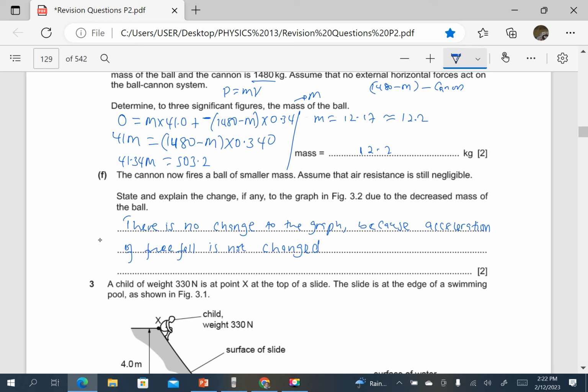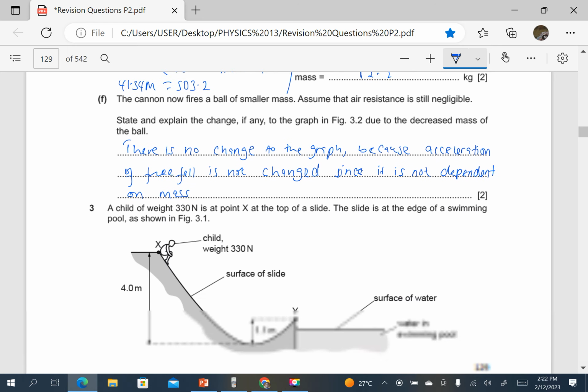Why is the acceleration of free fall not changed? Since it does not depend on mass. Since it is not dependent on mass.